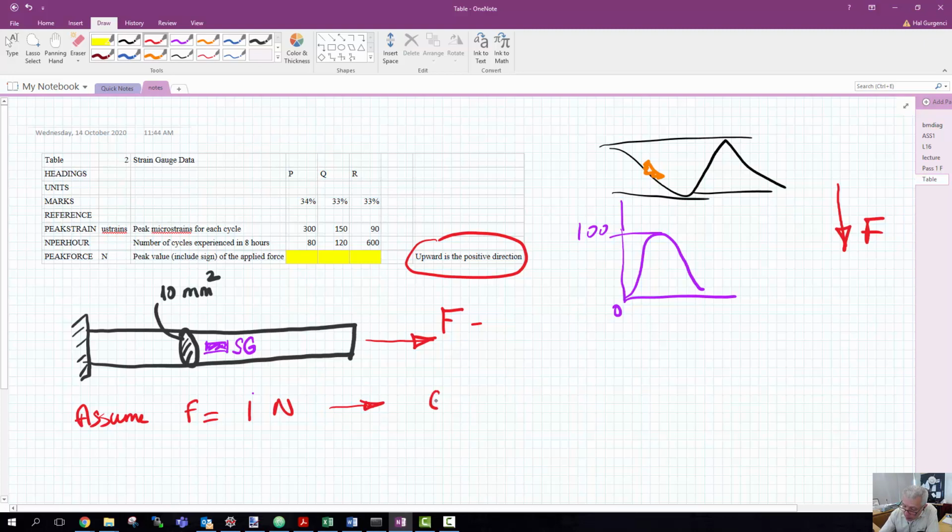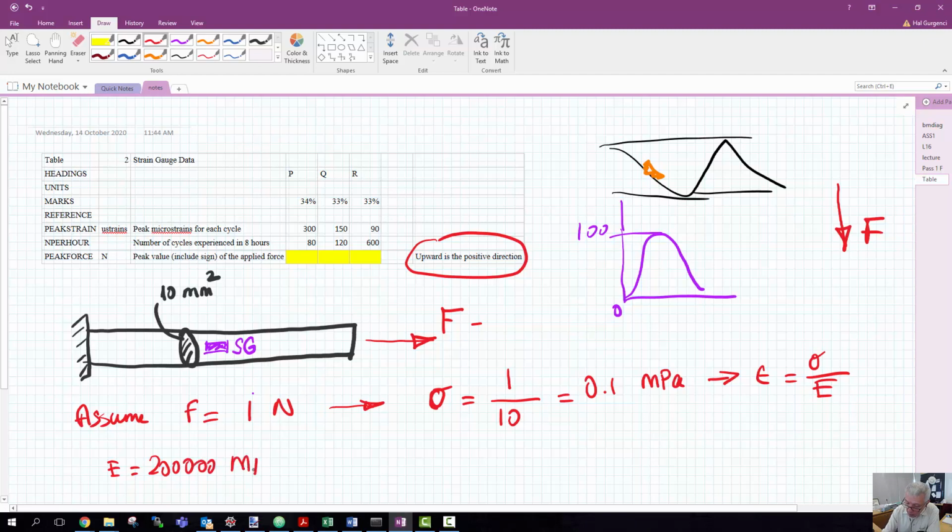So stress will be 1 newton over 10 millimeters square, which is 0.1 megapascals, and strain is going to be equal to sigma over E. Let's say E is equal to 207, for the sake of easy calculation, let's say 200,000 MPa. It's actually 207, but let's say it is 100,000 to make the calculation easy.